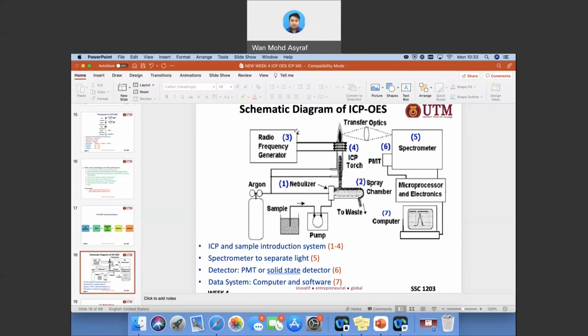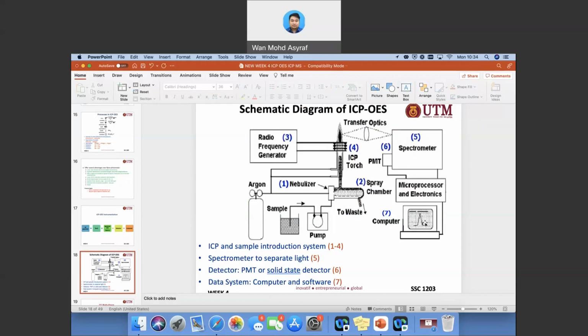So this is the radio frequency generator, which is located below the plasma and is used to generate the plasma. And then the emission from the flame would be detected by the spectrometer, and then we have a PMT, photomultiplier tube here, for it to be processed by the computer later on.